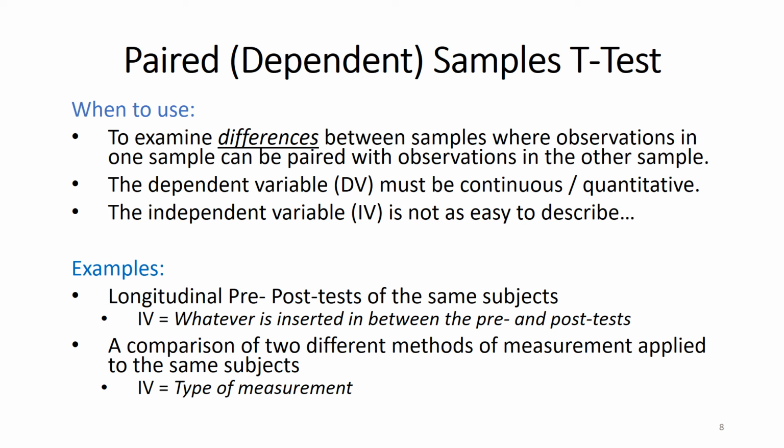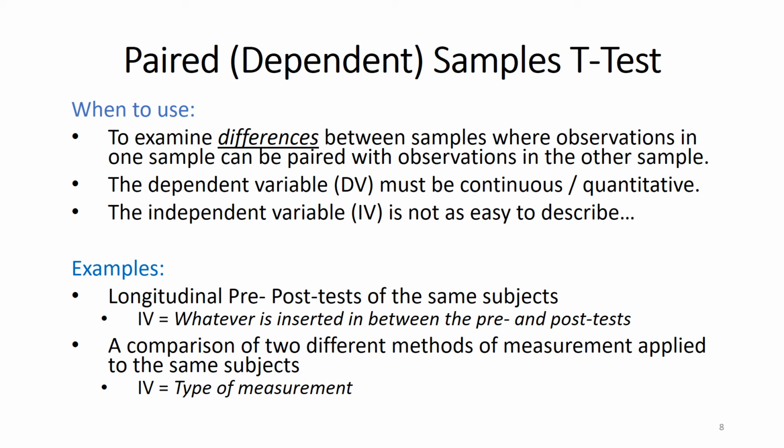Or if you're working out with a personal trainer, they may ask, how many push-ups can you do? You measure how many push-ups you can do on day one, and then you go through their 6-week training program, and at the end of those 6 weeks, they ask, how many push-ups can you do now?